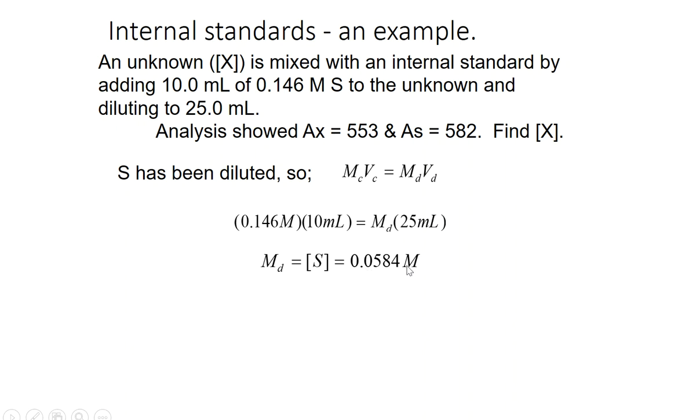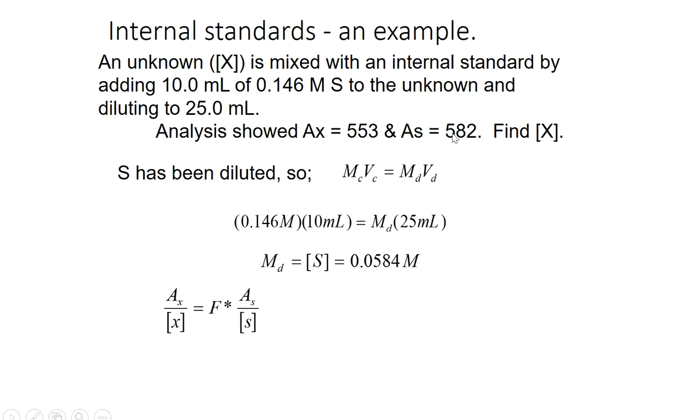Now it produced a signal response of 582. And our concentration of our analyte produced a signal response of 553. So we need to find X. We need to find our unknown analyte concentration. We know the signal response of that analyte. It was 553. We know the signal response of our internal standard.